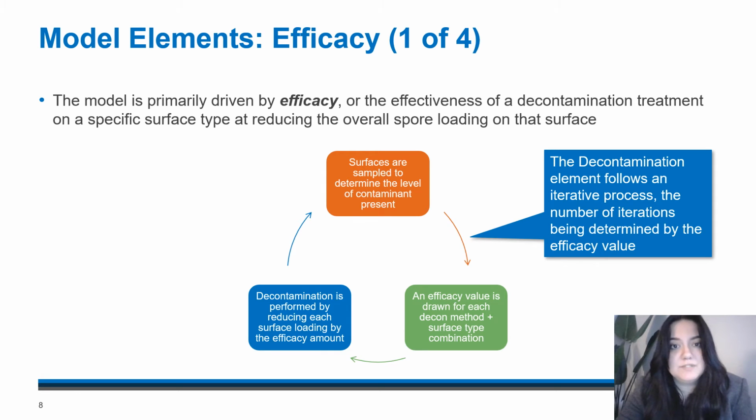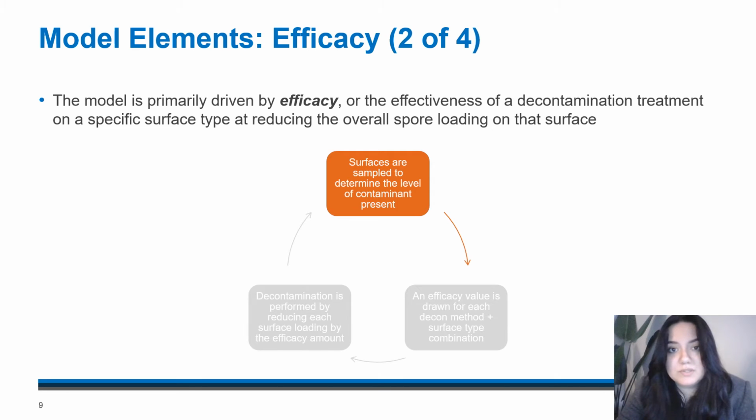Now, the model itself, and specifically the decontamination element, are primarily driven by efficacy. The decontamination element follows an iterative process where the number of iterations of decon is determined by an efficacy value. So sampling is performed on all surfaces first to determine the amount of contaminant present on each individual surface.